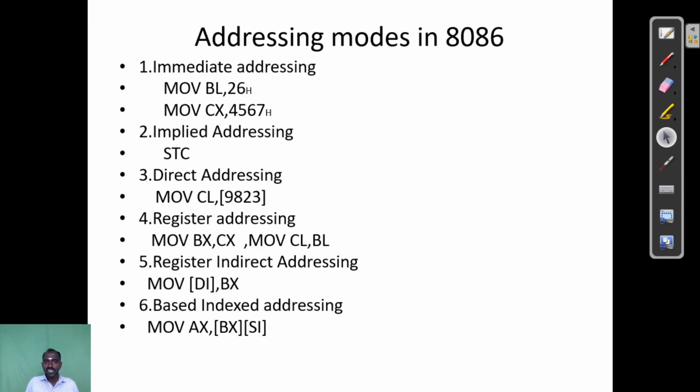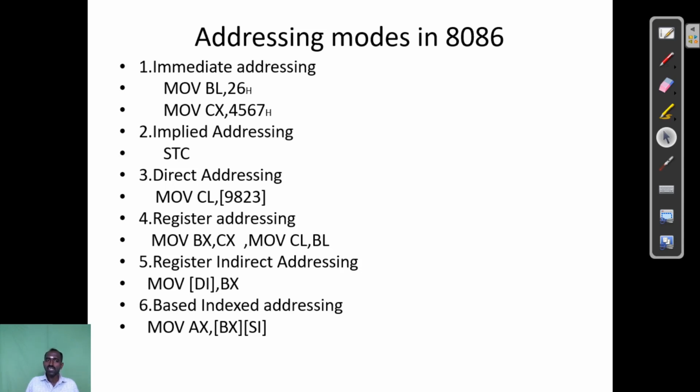Immediate addressing means the data is part of the program. For example, MOV BL, 26. 26 is 8-bit data. So it is an immediate addressing mode.